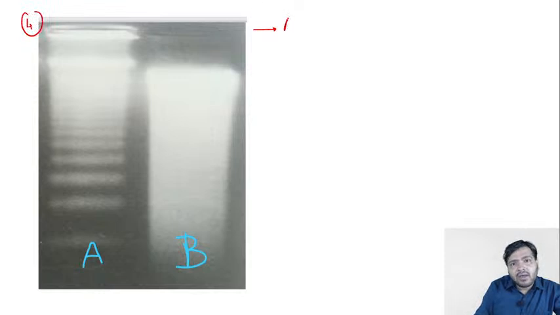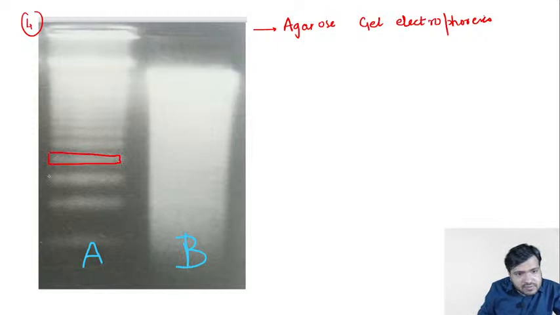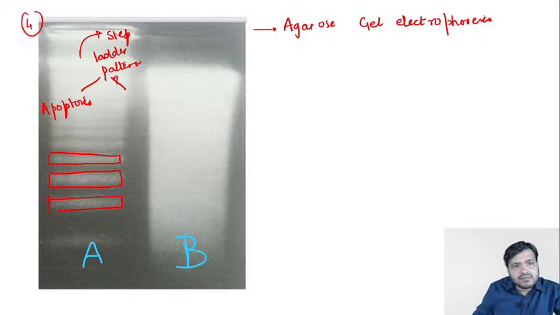So it is the fourth image that we are discussing, guys. It is the agarose gel electrophoresis. You can very well appreciate that this is the step ladder pattern, and this step ladder pattern is basically seen in apoptosis.